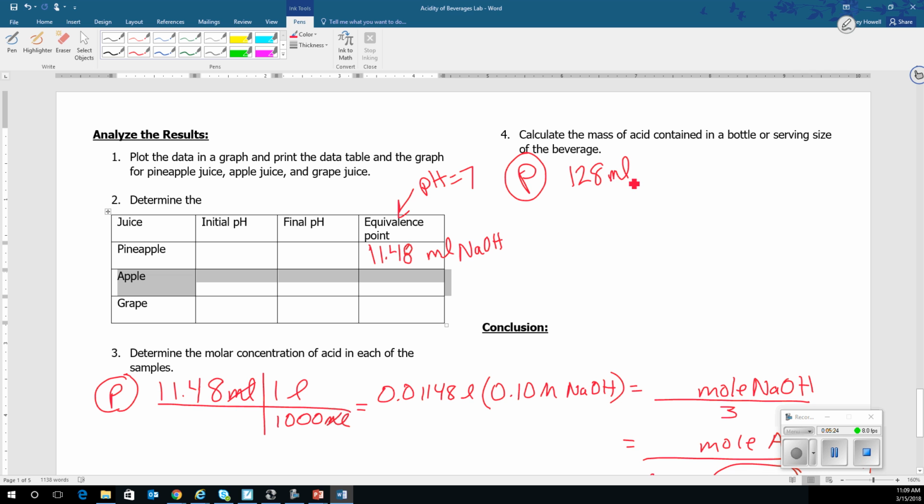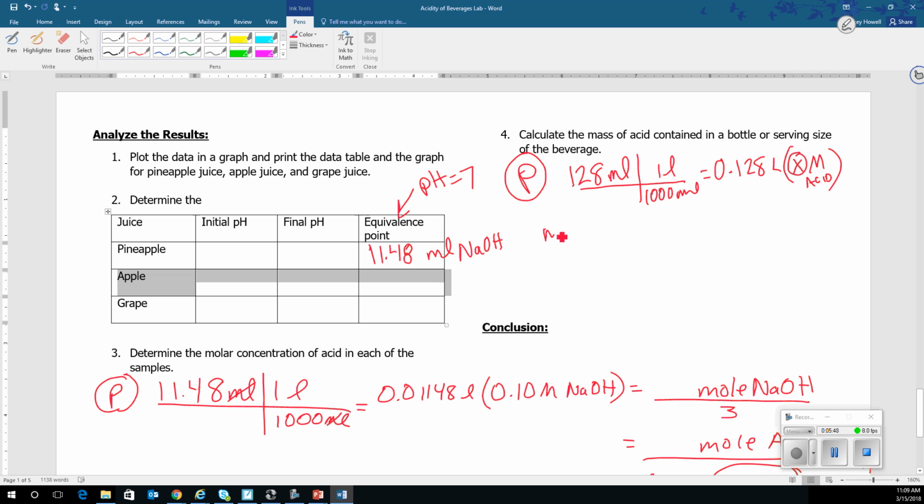I'm going to change that to liters, just like I do all the time, because I've got to have it in liters. So 0.128 liters. I'm going to times it by that X that I just had, molar of acid. That will give me moles of acid.